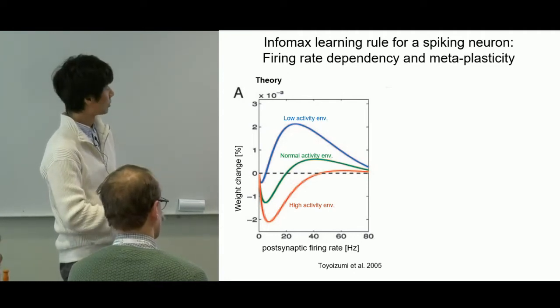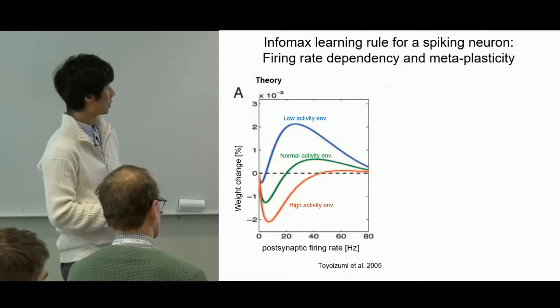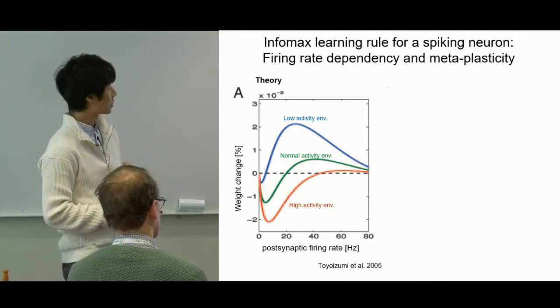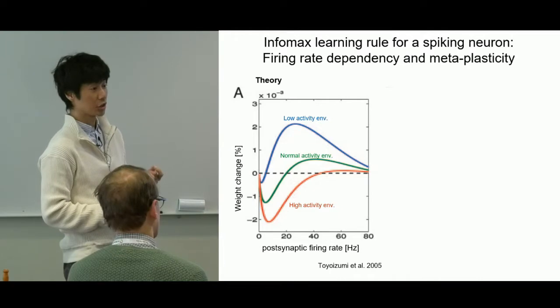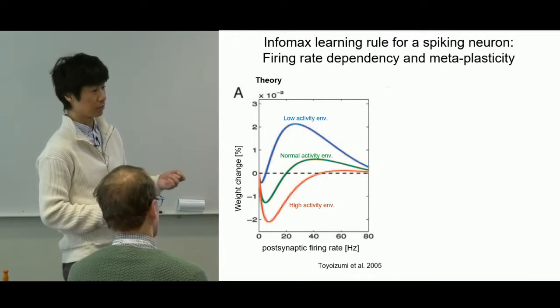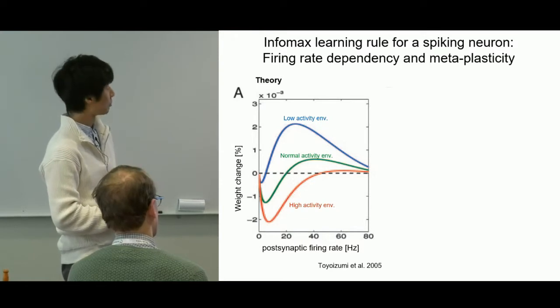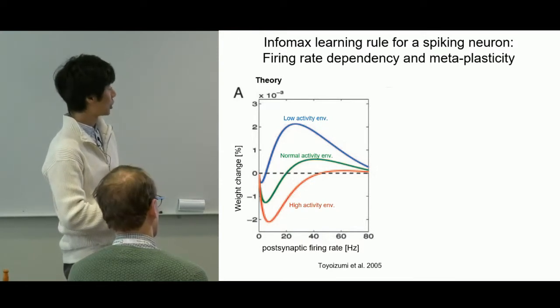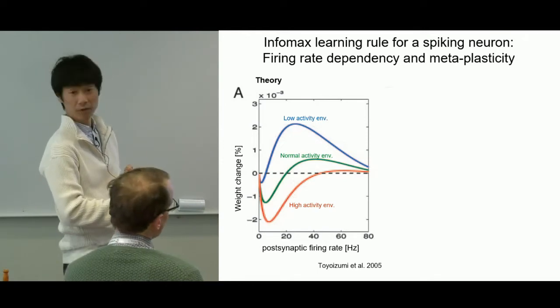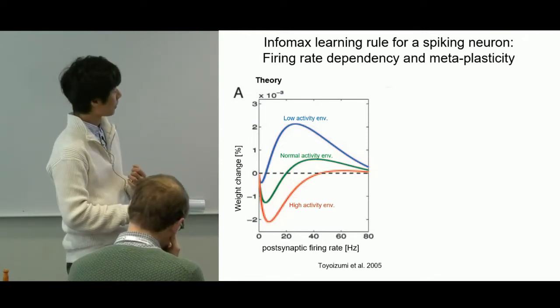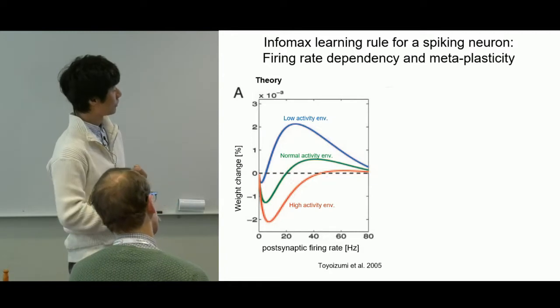And here's the theoretical prediction. The learning rule says that synapse must change when a neuron receives its presynaptic input. Upon the receival of a presynaptic spike, the weight should be changed according to postsynaptic firing probability or firing rate. So let's look at this green curve.